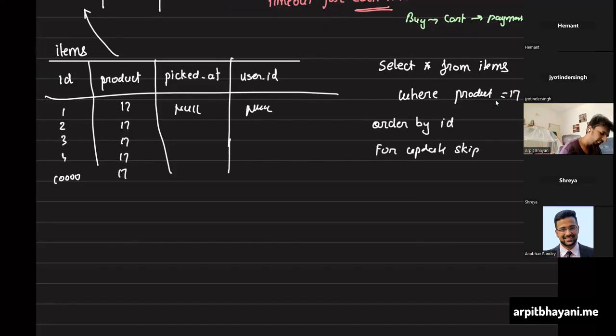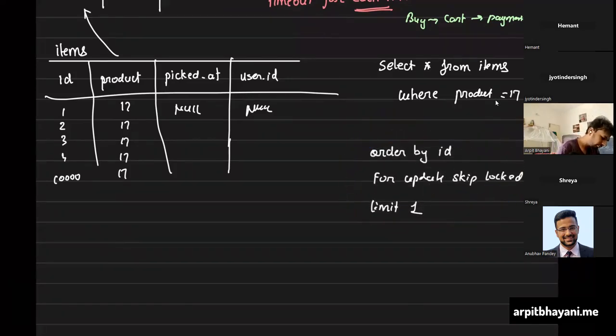Correct. That is the direction in which I'm thinking. Done. Select order by ID for update, skip locked, limit 1. Correct. Pick at is null, and yeah, I think this looks good to me.